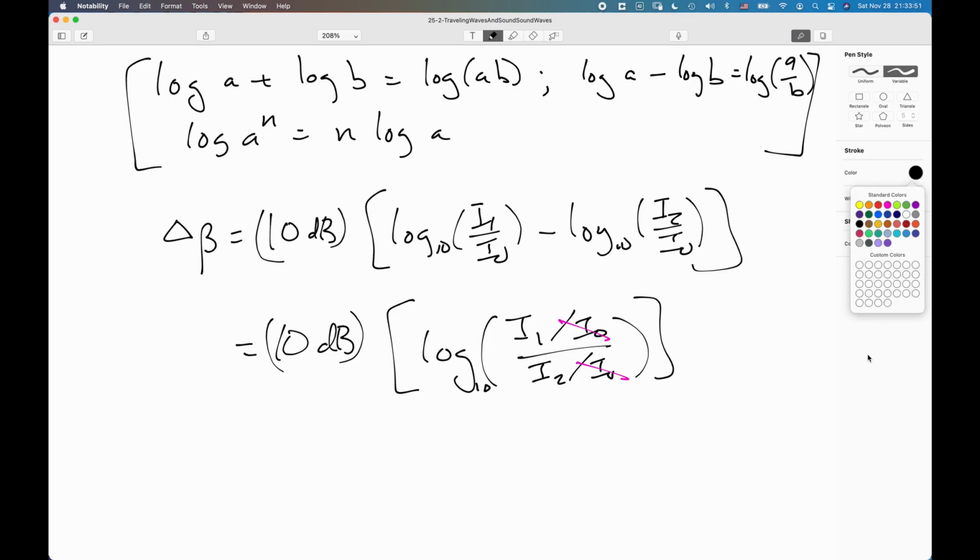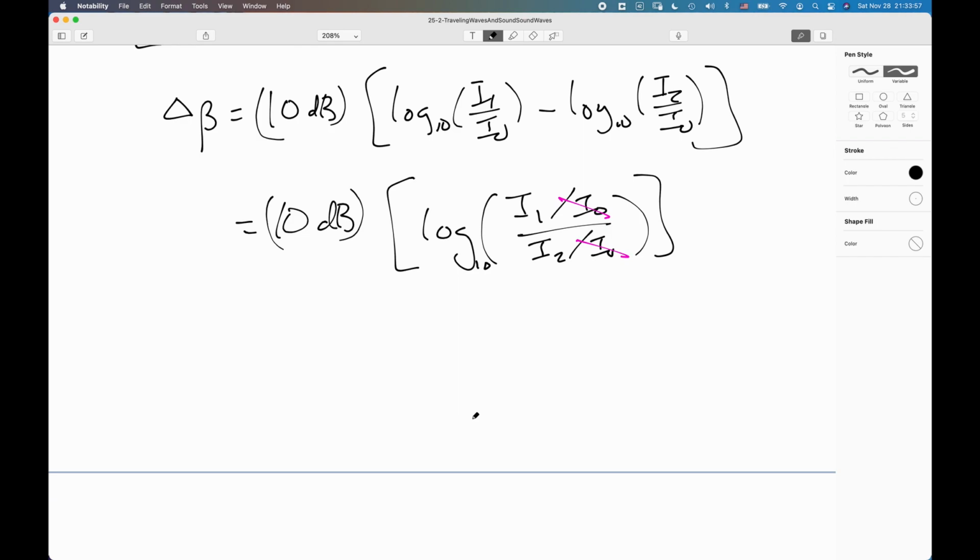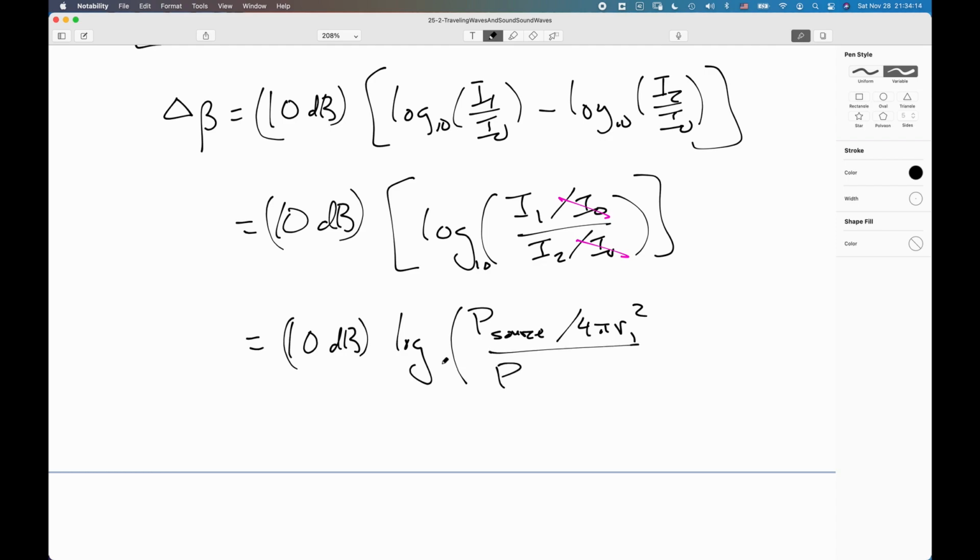We still don't know how to express the intensities, but we do remember that they're the power of the source over 4 pi r squared, right? So let's put that in. This will be times the log of I1, which is the power of the source over 4 pi r1 squared, and this will be the power of the source over 4 pi r2 squared.